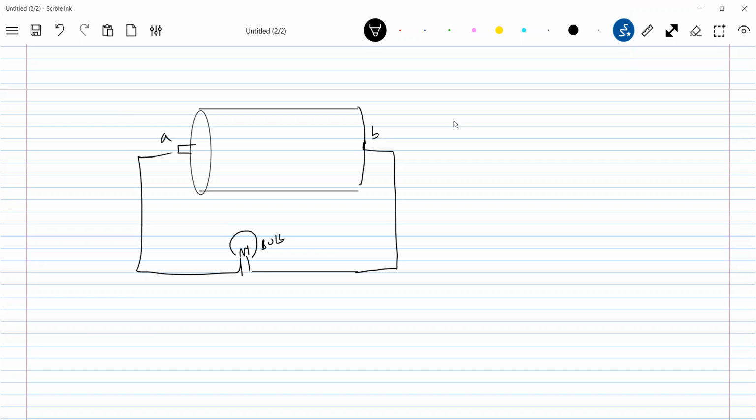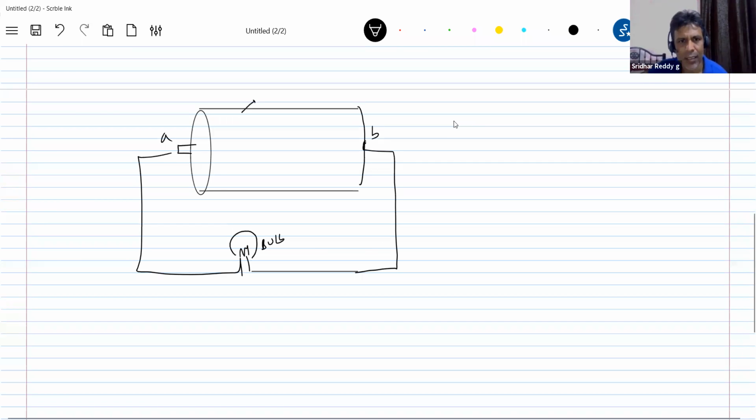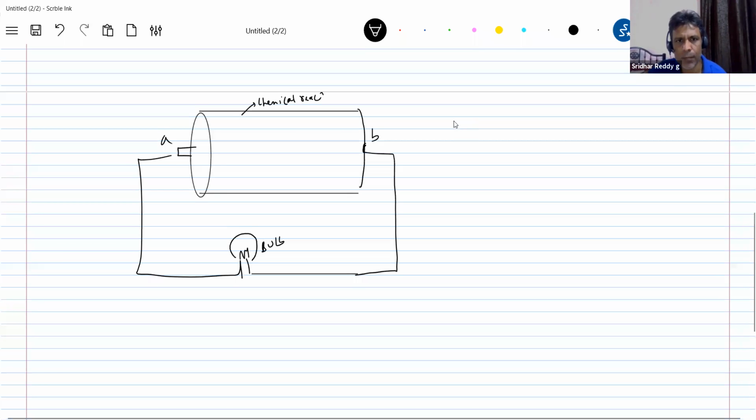Now what will happen? A chemical reaction occurs. The story you have to begin like this. Here a chemical reaction occurs. Due to the chemical reaction, a positive charge, what we assume, the battery force will displace that positive charge from the negative terminal to the positive terminal.